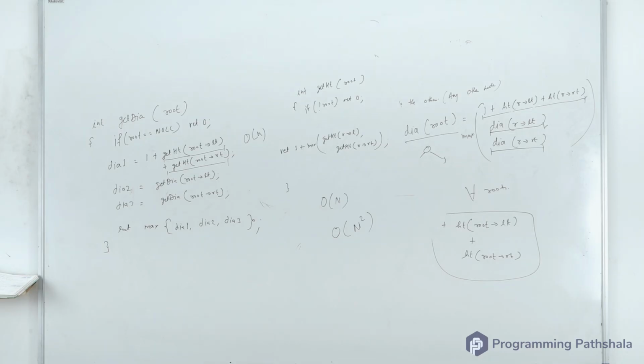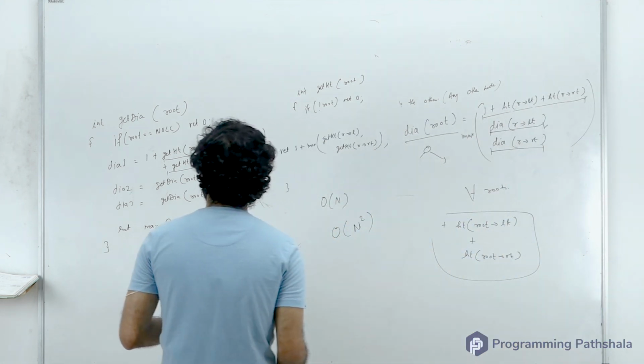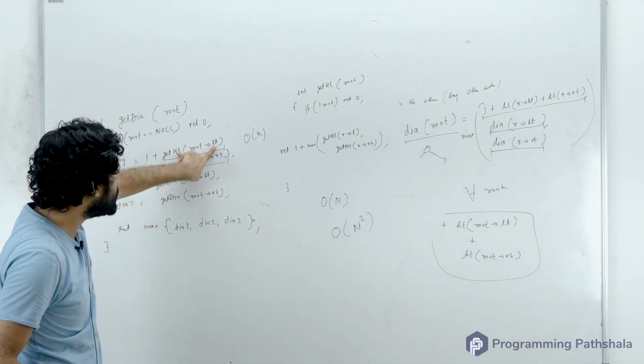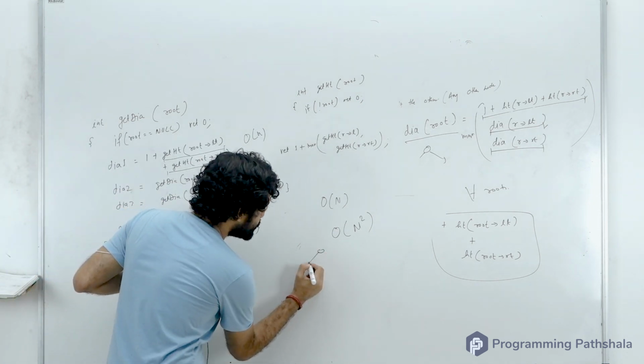Okay, when will it be exactly n square? Certain times you might feel that, hey, not all the get height calls are going to take this much time, and that is true to think, because let's say this was your tree.